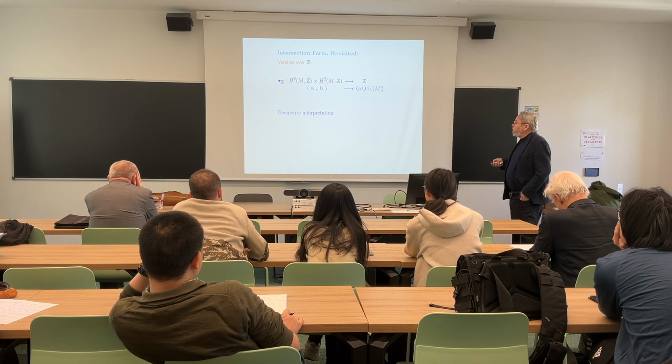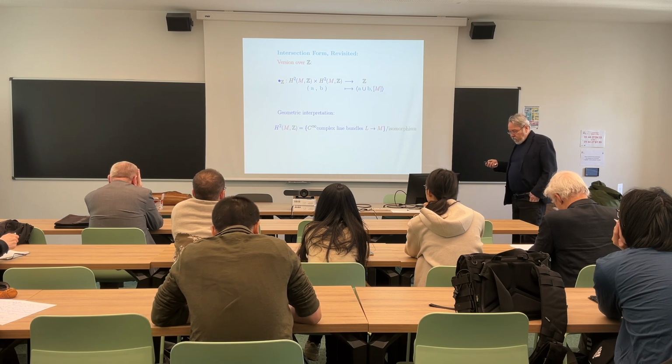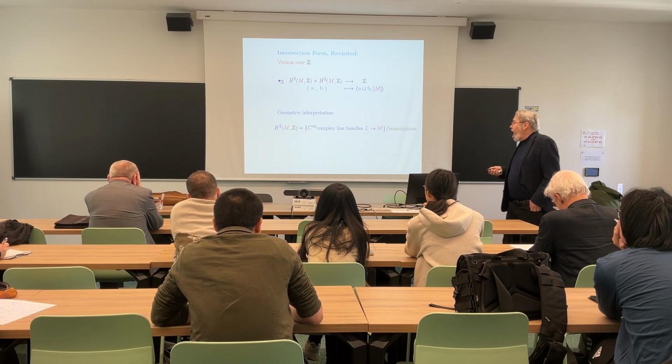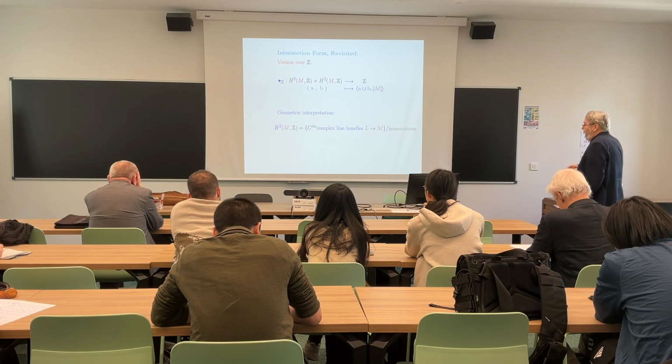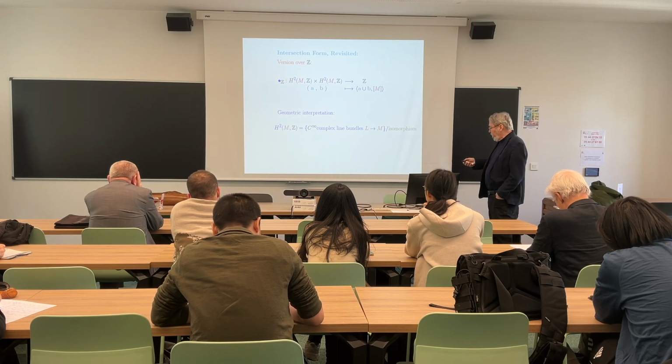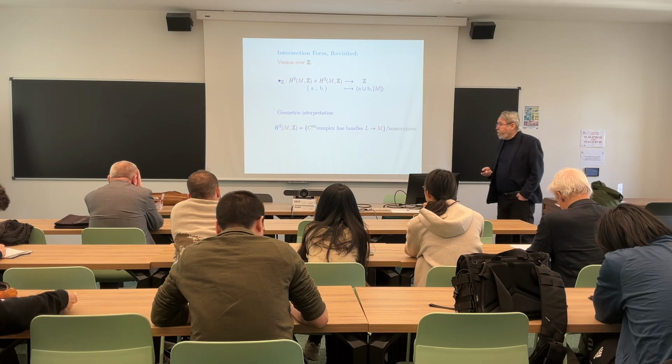Now, the geometric interpretation of this is first to remember that H2 of a manifold with Z coefficients, and actually this would work for rather general topological spaces. So here I'm going to be using a manifold and use smooth complex line bundles.